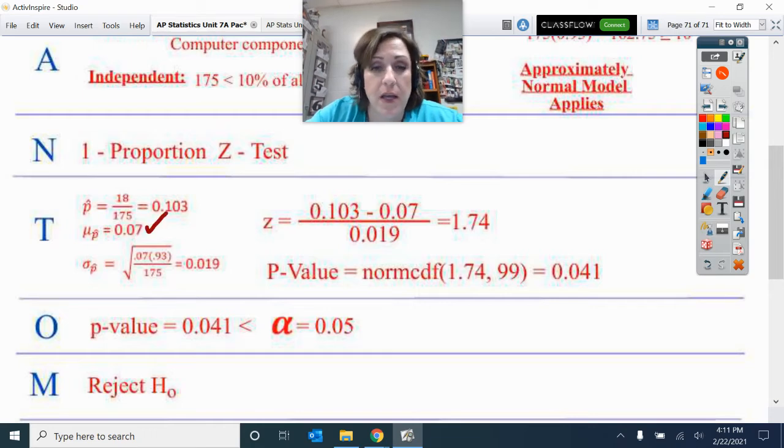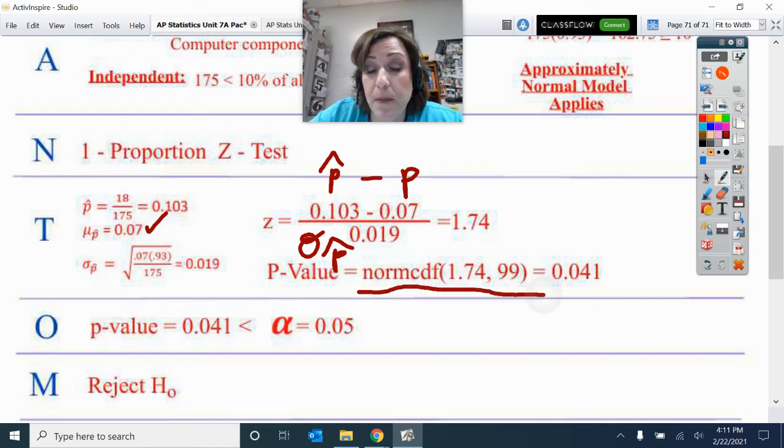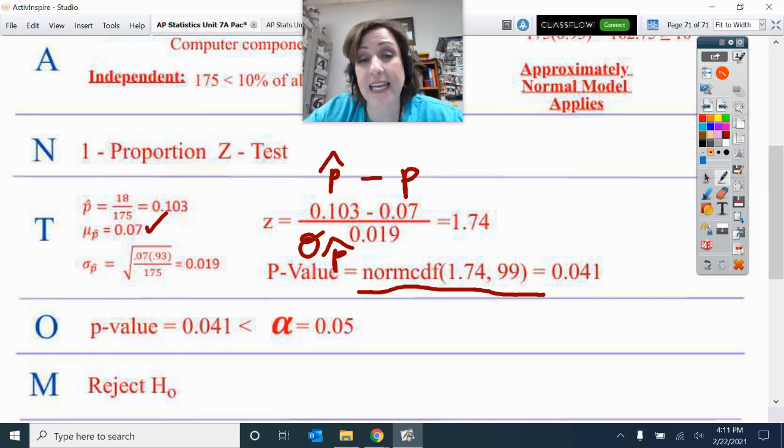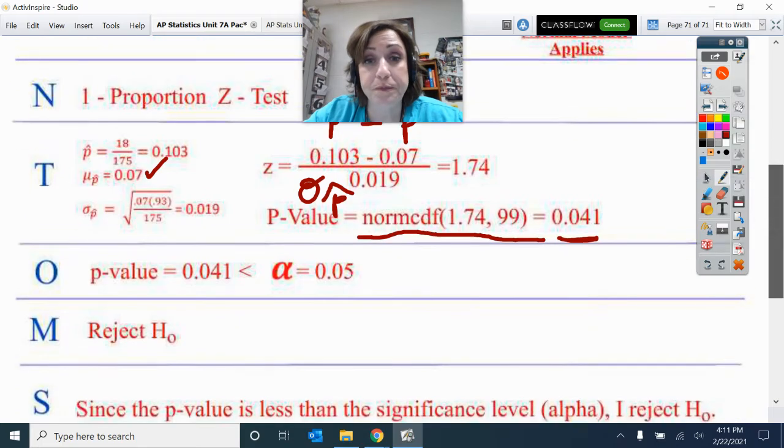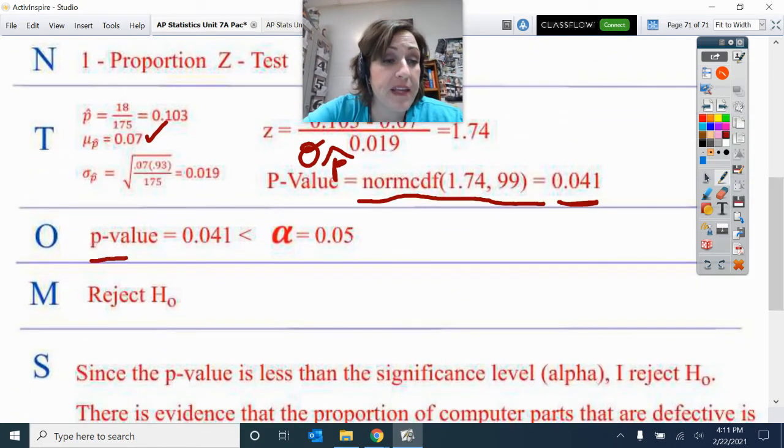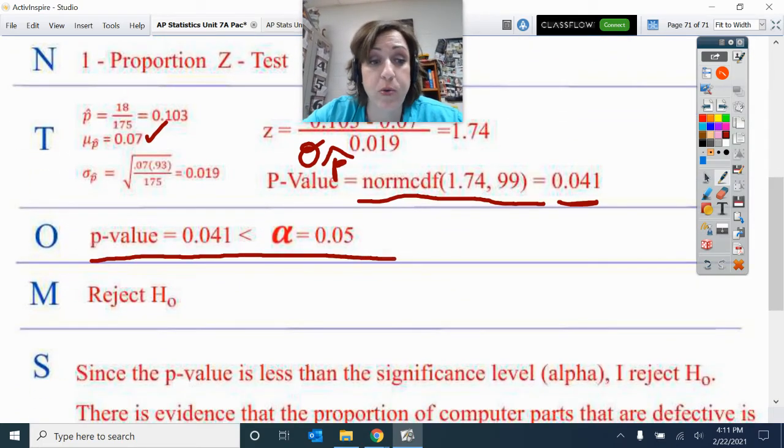Okay, good. All right, so now here is my P hat minus the true P over that standard deviation of P hats, and that's 1.74. So I'm going to norm CDF greater because I am investigating if it is higher, 0.041, which that p-value is less than alpha of 0.05.